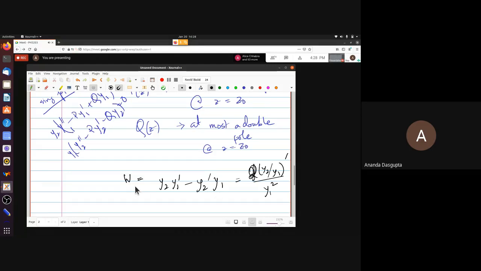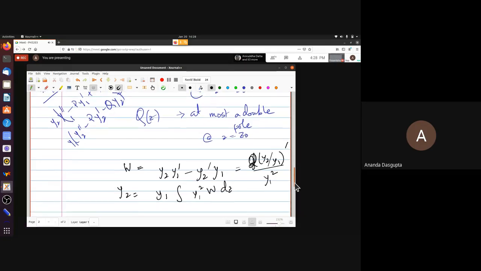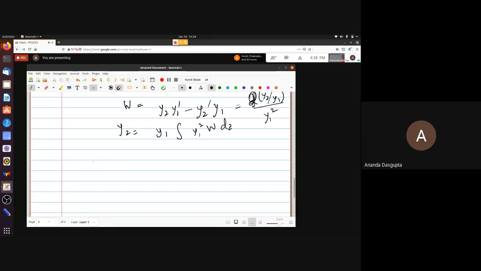So if you know the Wronskian, then y2 will simply be y1 times the integral of W over y1 squared dz. This is an indefinite integral. So if you know one solution, the other solution can be computed from it once you know the Wronskian. And what equation does the Wronskian obey? It's easy to see from the differential equation that the equation the Wronskian obeys is this.